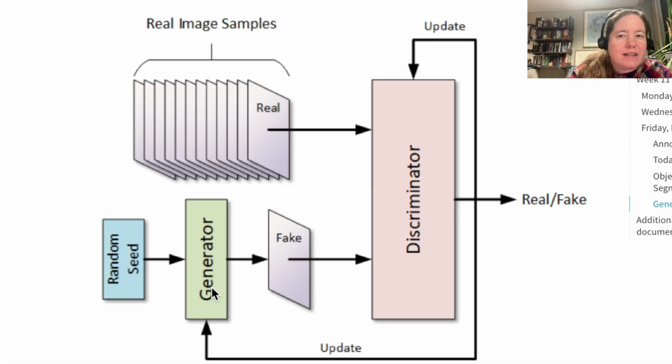So then it gets a high loss and it has to learn to produce a better output so that it can fool the discriminator. On the other hand, if the discriminator says that a fake image is real, then the discriminator gets a high loss because it has made a mistake. Or if it says that a real image is fake, the discriminator gets a high loss, and there would be lower loss for the generator when it produces a successful fake.